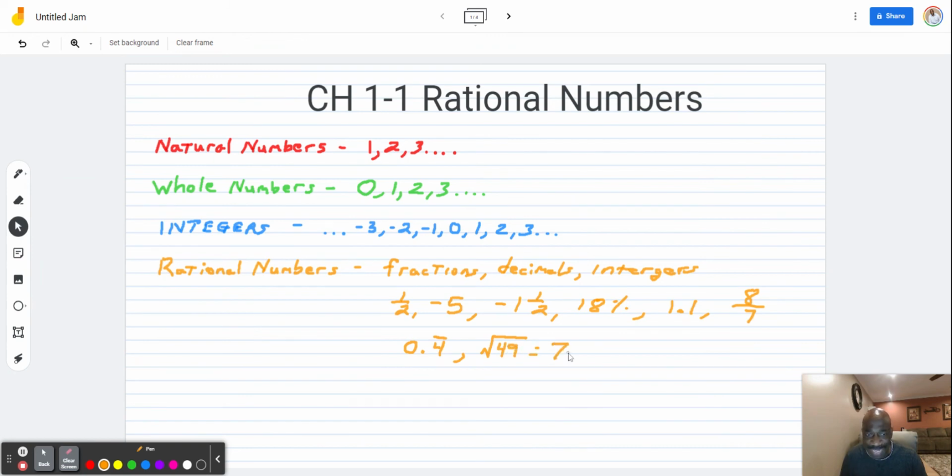That's 7. That's rational. All right. So those are your terms. Now, whether you have a terminating or repeating decimal, all of those are rational. Well, you should see that in the beginning of chapter 1-1.